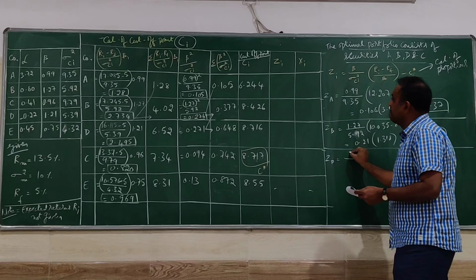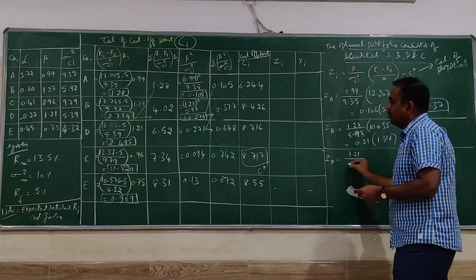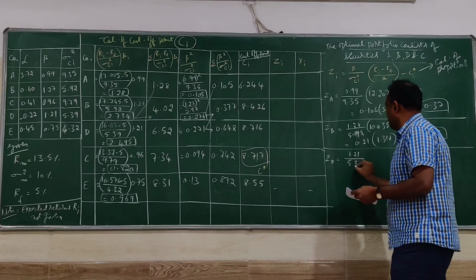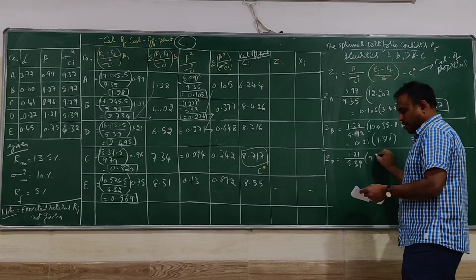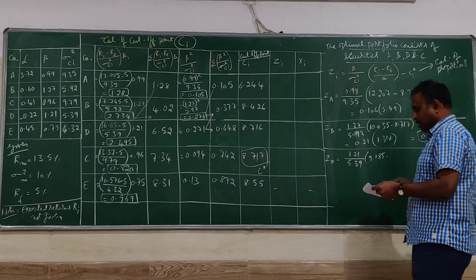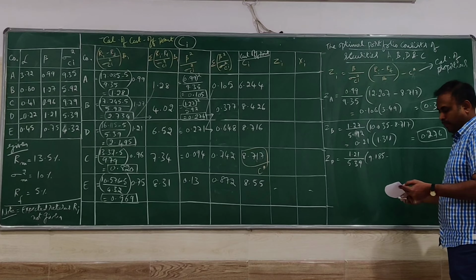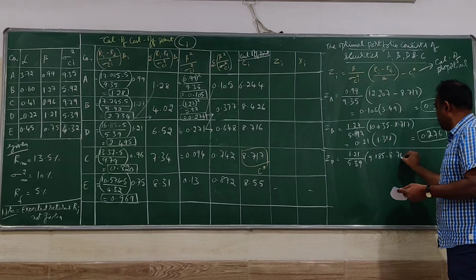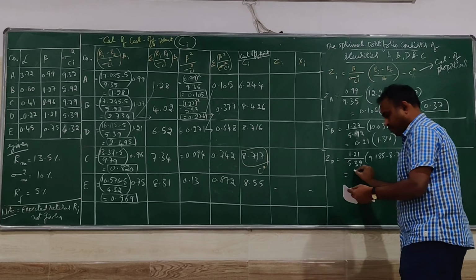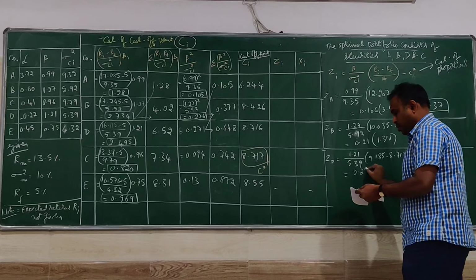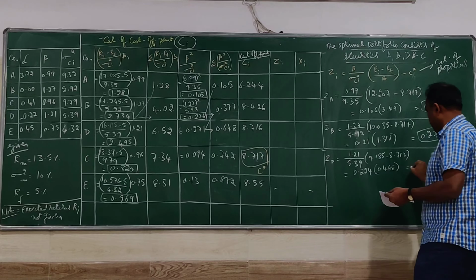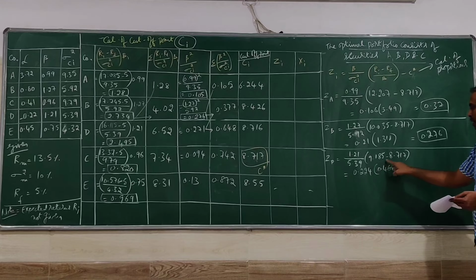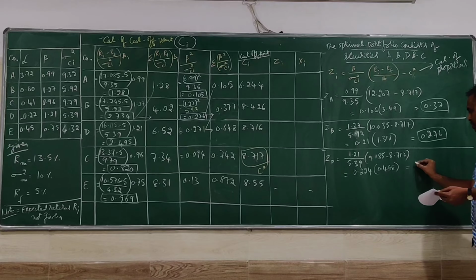Next for ZD, the third one. For D, 1.21 beta, 5.39 is unsystematic, 9.185 is the excess return, 8.717, 0.224 into 0.468. So 9.185 minus 8.717, like that we have to do.